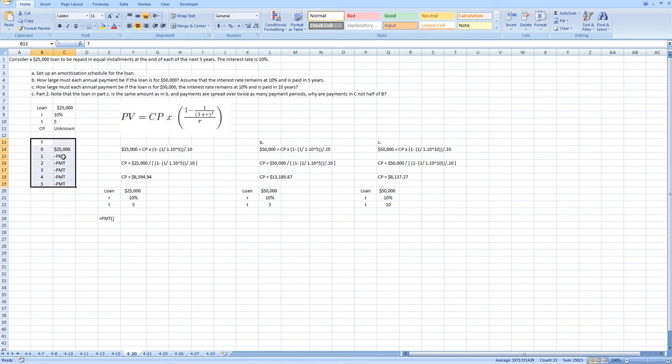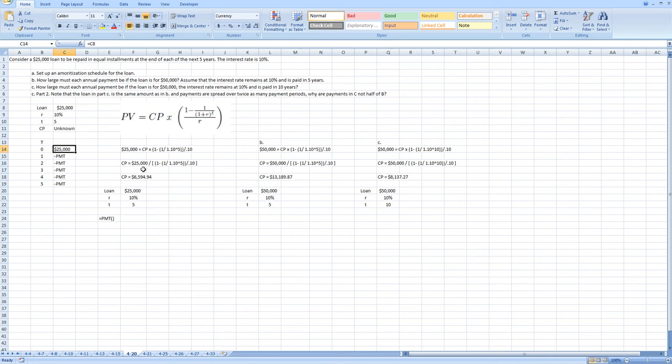So what does our cash flow look like? Well, at time 0, there's a loan of 25,000, and then we're going to have an outflow of 5 payments, one each year, that pay back this amount of 25,000. The direct way to get to this is to use the payment function in Excel, as you've learned in earlier solutions. To set this up as the annuity, we have 25,000 equal to CP times the annuity factor, and the rest of our inputs are known. We know that the rate is 10%, the time is 5.